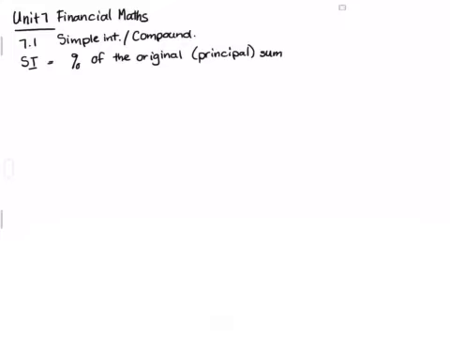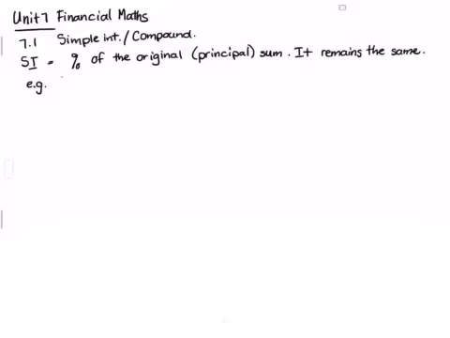So with simple interest, the interest is a percentage of that original sum, and it remains the same. The amount of money remains the same.